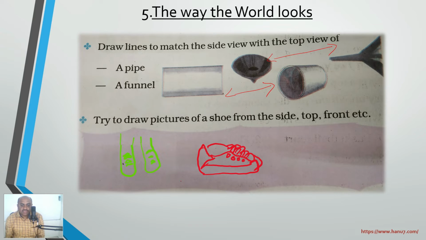Then next comes the front view of the shoe. So in total three views are asked: side, top and front. These are all pictures drawn by me only, so all copyrights are reserved with me.